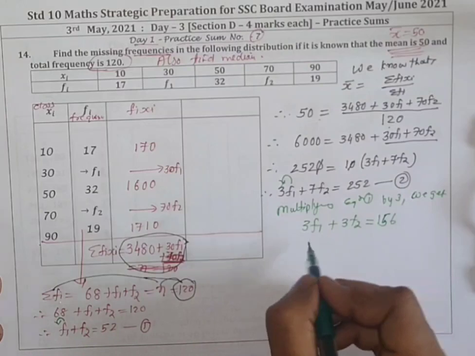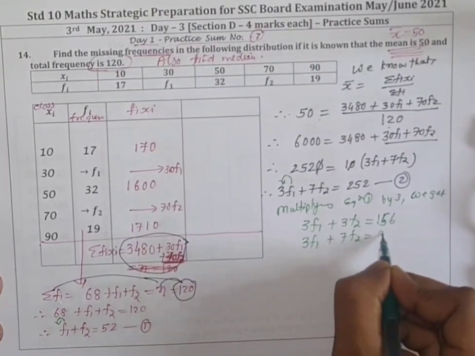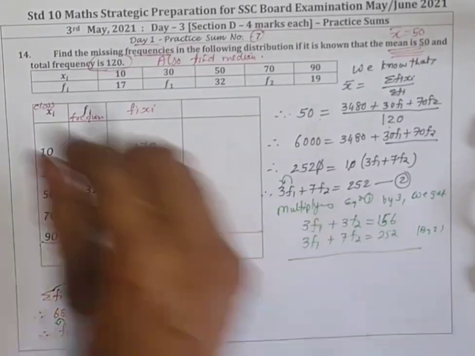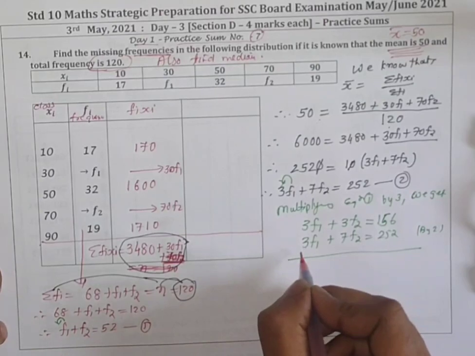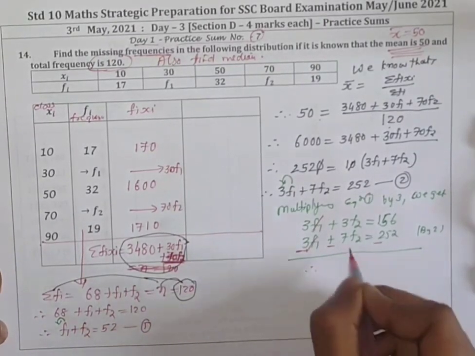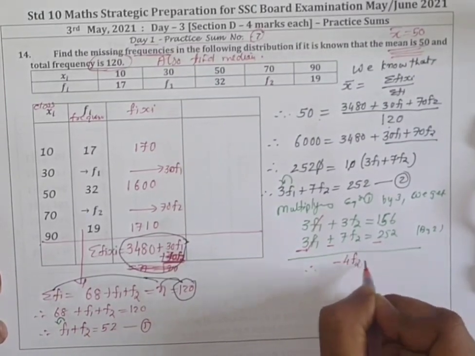All right, and the second equation is 3f1 plus 7f2 is 252. अब आप subtract कर सकते हैं. This is minus. So this cancels.